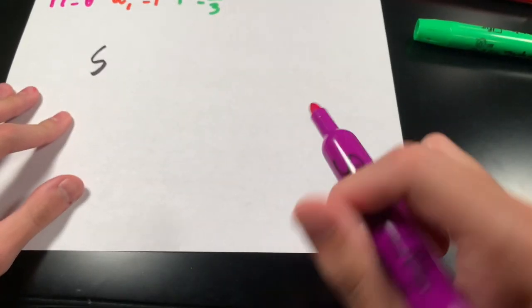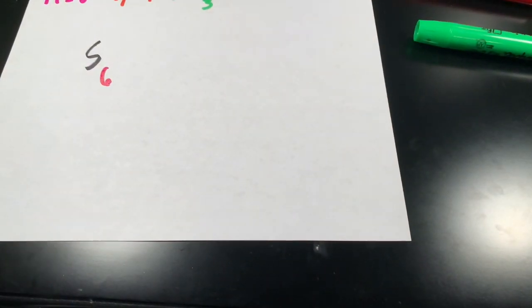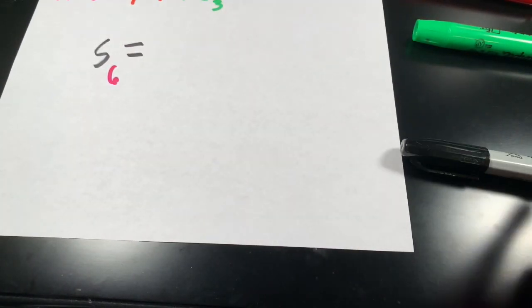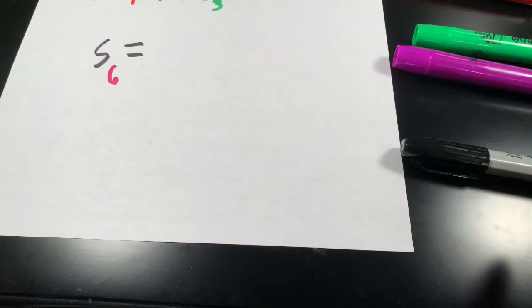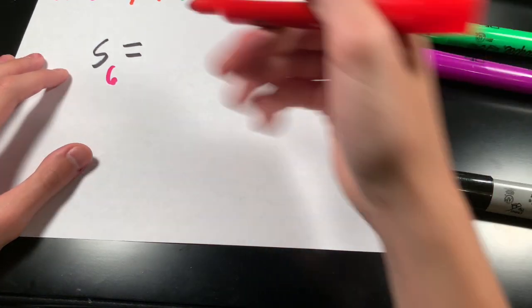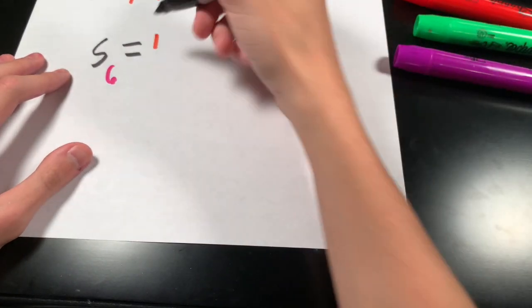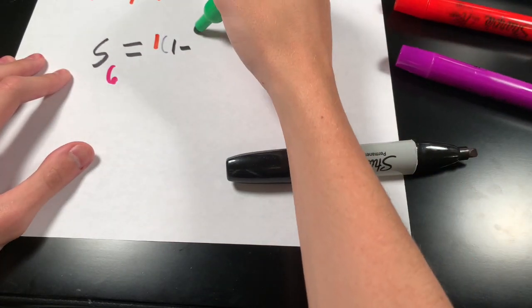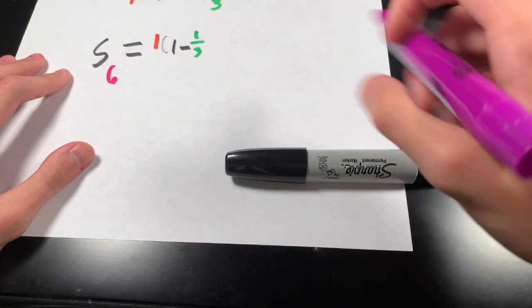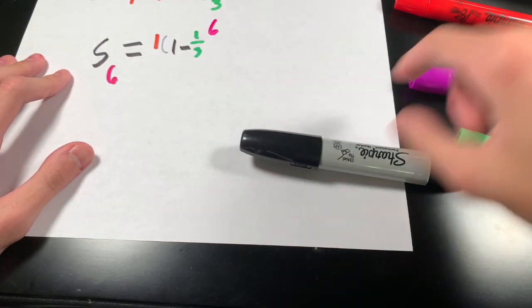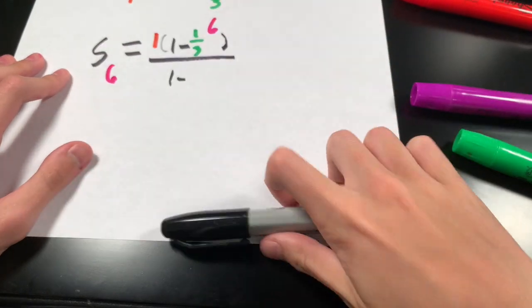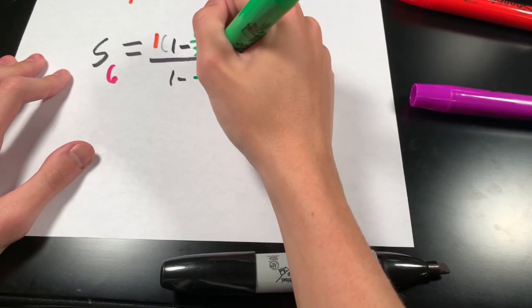S of 6 equals our A1, which is 1, times 1 minus our rate, which is 1 over 3, to the power of 6, over 1 minus 1 over 3.